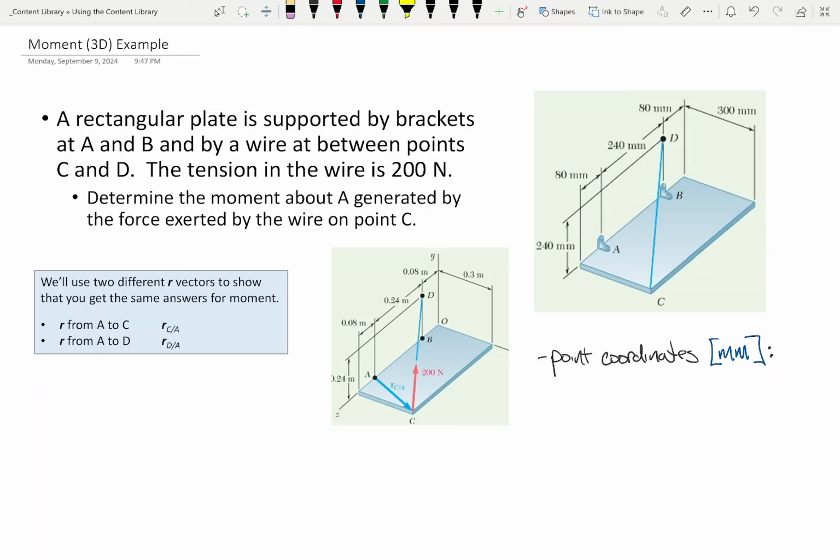All right? So what I'm going to do is write down coordinates for A, B, C, and D. So let's see if we can define the coordinates of these points. Keep in mind the origin is right here.